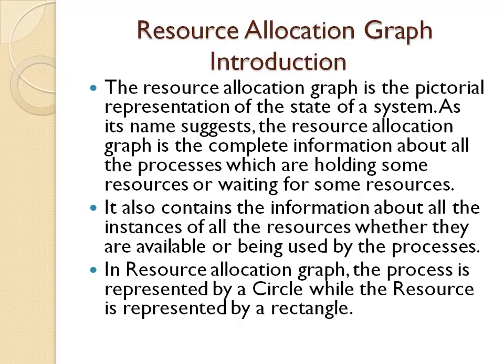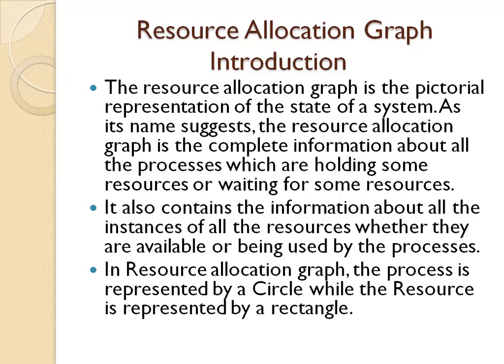Here in the resource allocation graph, the pictorial representation of the entire deadlock situation can be done in a graphical method. It also contains the information about all instances of all the resources, whether they are available or being used by the processes.